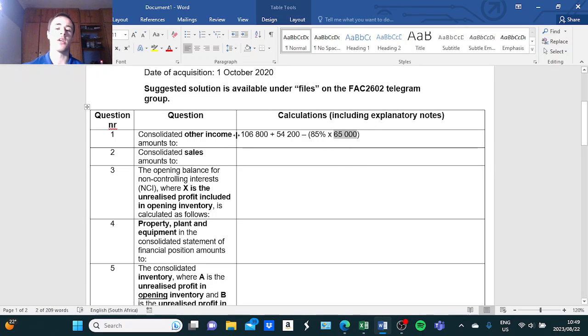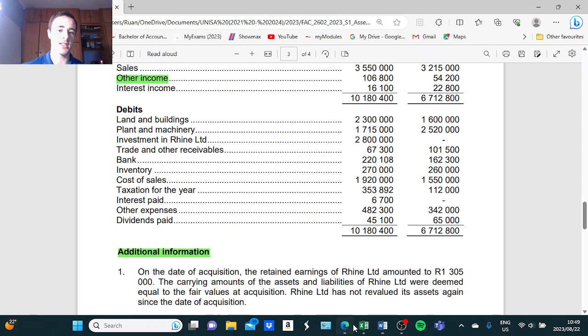So we started with 106,800, we added the amount for the subsidiary, and remember, this amount includes the intergroup dividend, which we will calculate by taking 85% and multiplying it by 65,000. 65,000 Rand is the amount of dividends paid by the subsidiary.